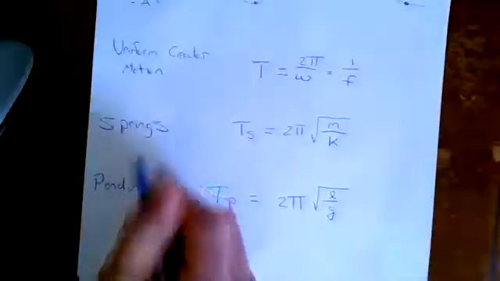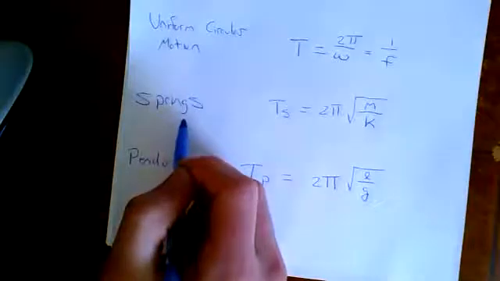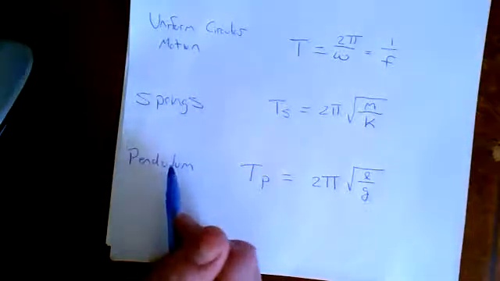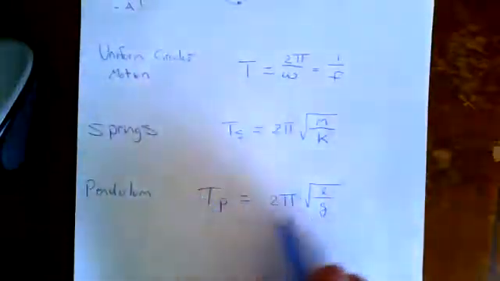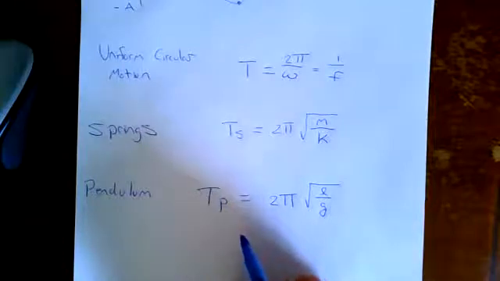In the case of springs and pendulums, we're often talking about the x. How much is the displacement? How much did you pull back the spring? How much did you pull back the pendulum? That is your x, and it will show up here in this amplitude. But notice in both of these cases, that doesn't matter for period. As long as you don't go to extremes, you'll be good to go.